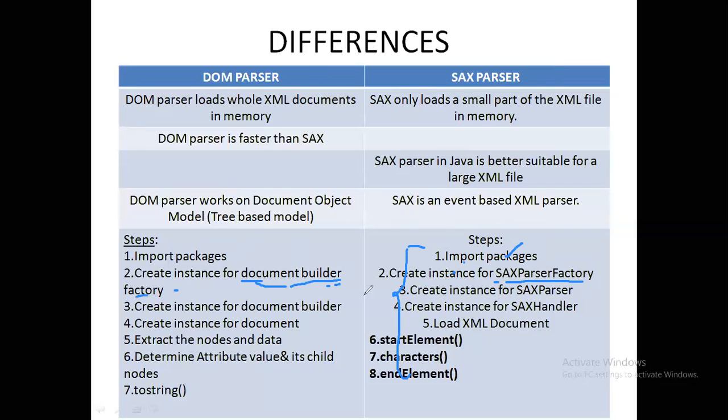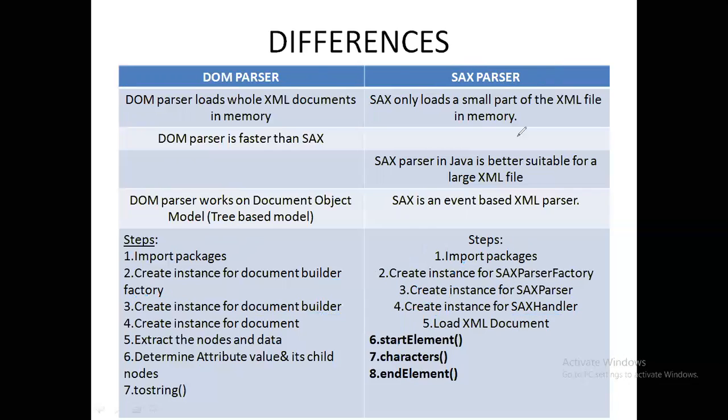What about the third step? We have to create the instance for SAX parser in the SAX parser code. In the case of DOM parser, we have to create the instance for document builder. Fourth, we have to create the instance for SAX handler. After that, we can load the XML document by using the parse function.